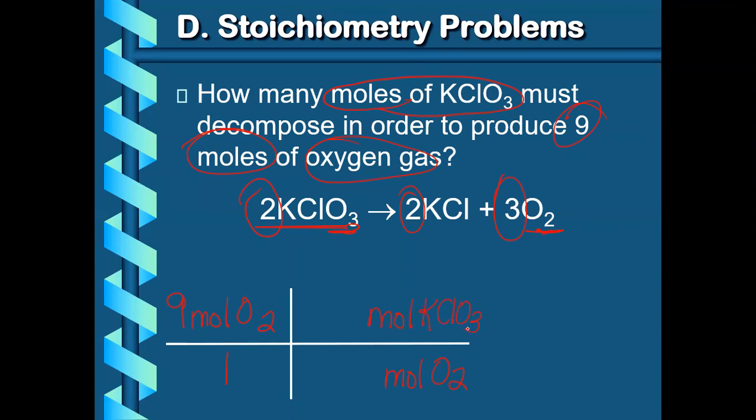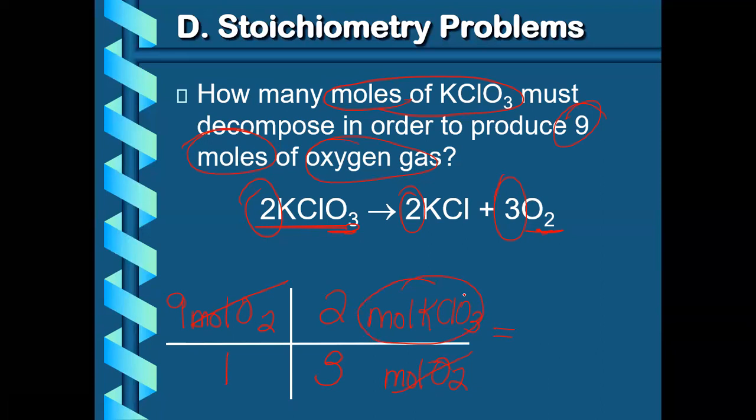So moles of KClO3 goes on top. Now for the numbers that go here, all I have to do is copy down the coefficients that are in my balanced equation. If I've got KClO3 on top, the coefficient with KClO3 was a 2. I've got oxygen down on the bottom, and the coefficient that goes with oxygen is 3. Same work: moles of O2 cancels with moles of O2.